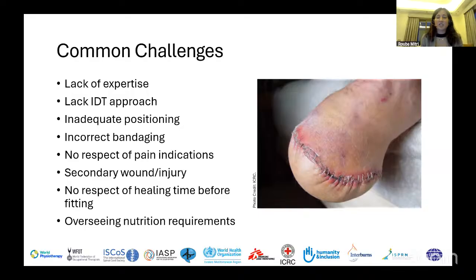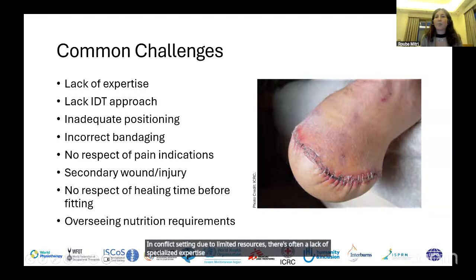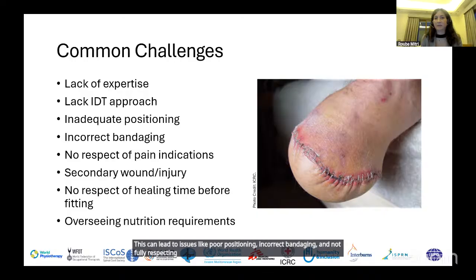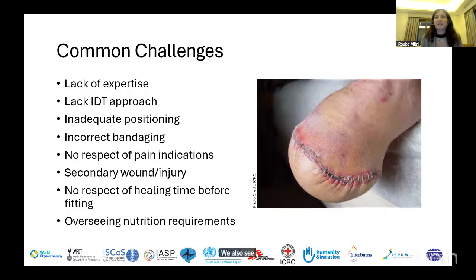What are the common challenges? In conflict settings, due to limited resources, there's often a lack of specialized expertise and a lack of proper interdisciplinary approach. This can lead to issues like poor positioning, incorrect bandaging, and not fully respecting the patient's pain. We also see complications such as secondary wounds or injuries, often because conditions are not ideal.